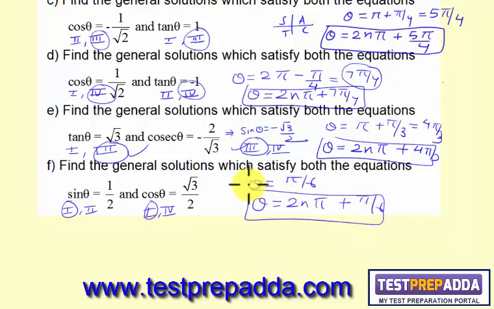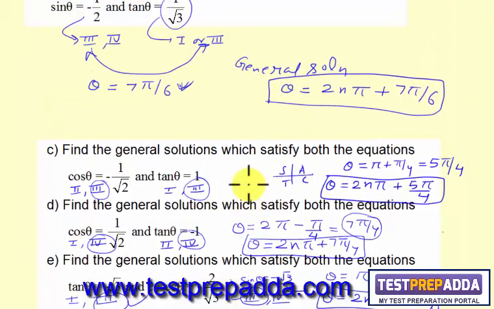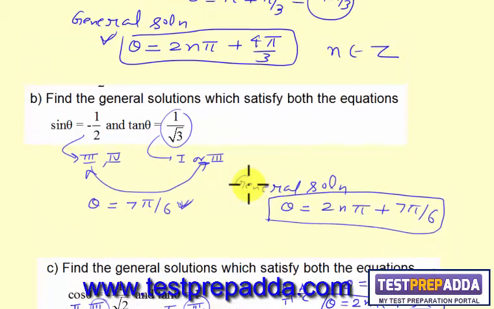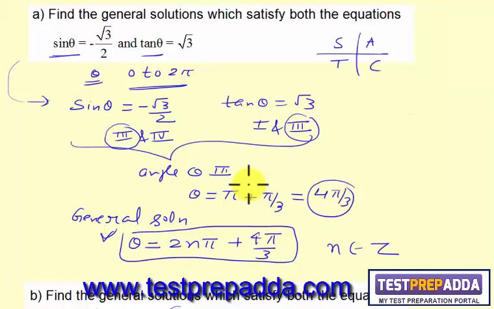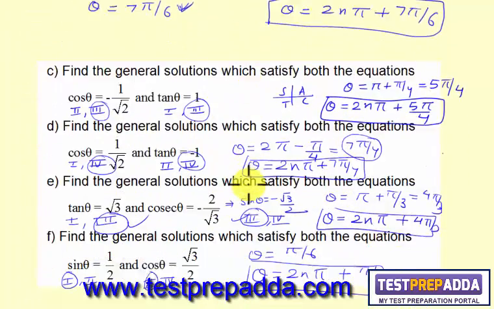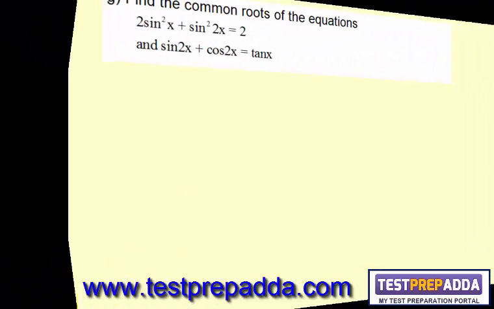Got it? So we have discussed here many similar type of questions where two equations are given and only one variable. Okay, so I'll take one more question here of this category 1.